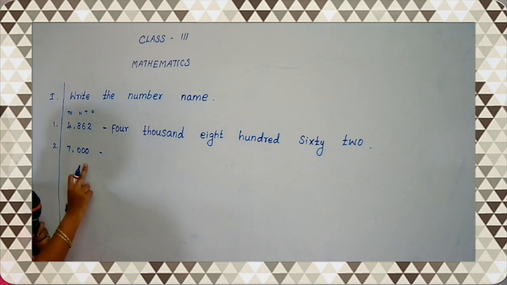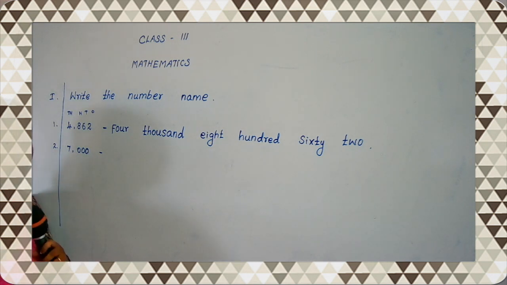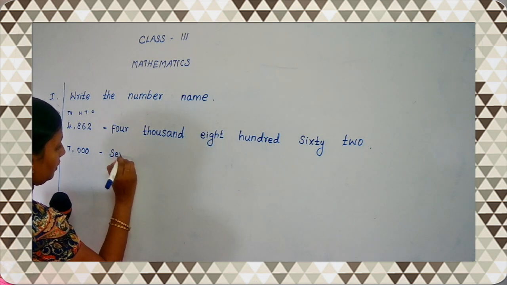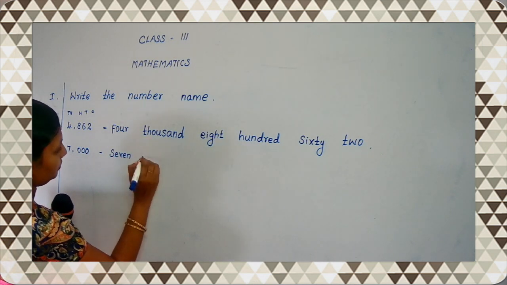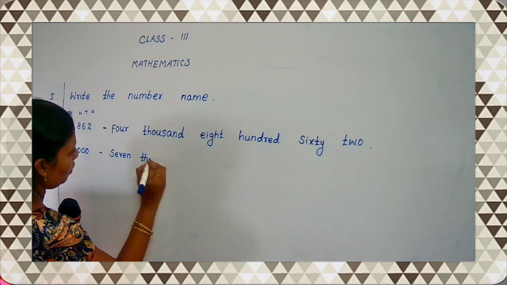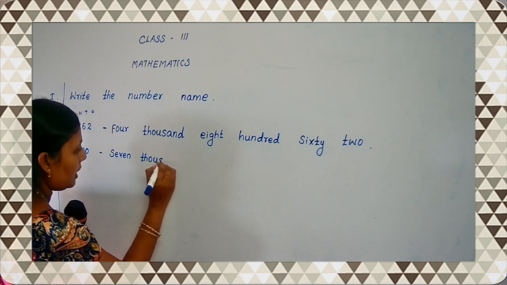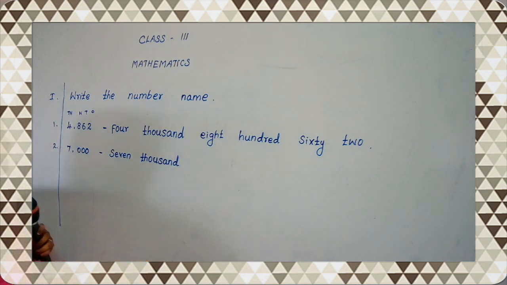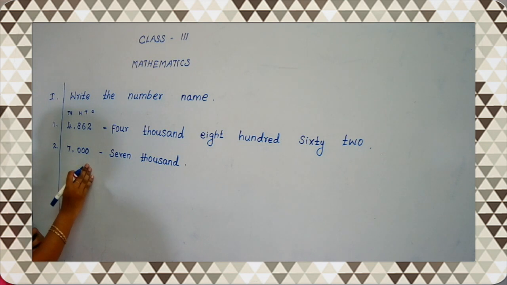So this is called 7000. Okay, say the spelling for 7000. Seven, 7. Thousand, 1000. 7000. Is there any hundreds, tens and ones value? No. Okay, so we write the 7000 only.